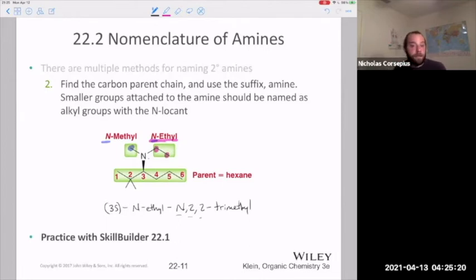In this case, instead of a number, it's an N. The important takeaway is that the N actually comes before the numbers do. So this would be N,2,2-trimethyl-3-hexanamine. And of course, you can also always do just hex-3-amine. That's perfectly acceptable too.